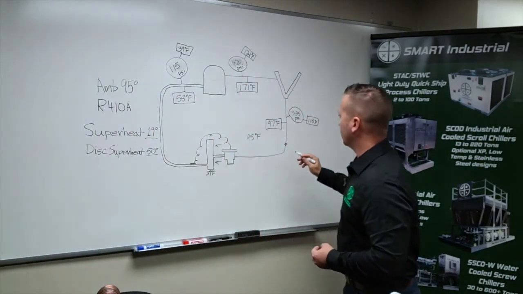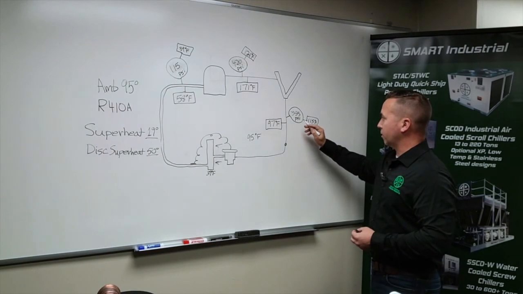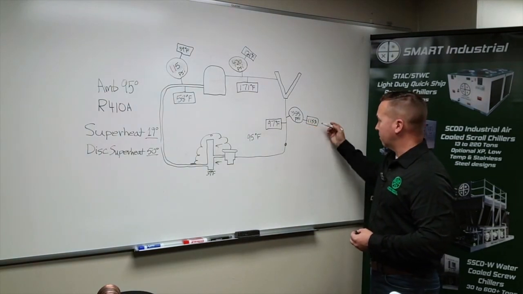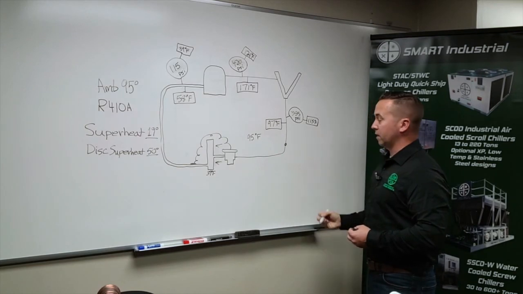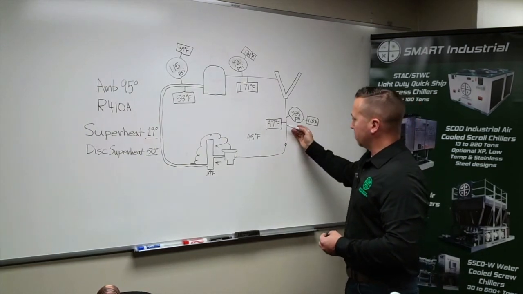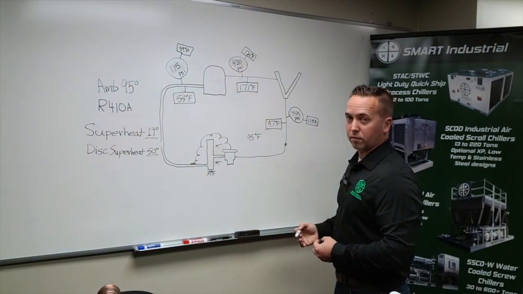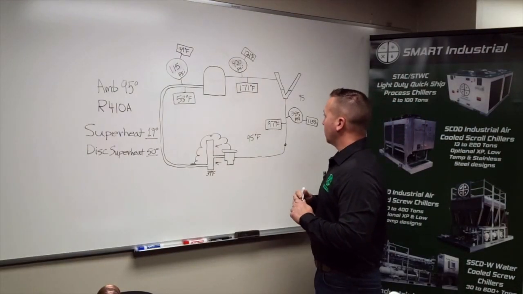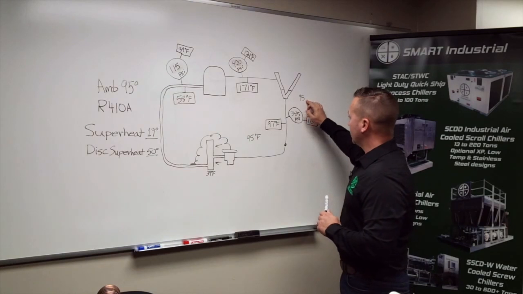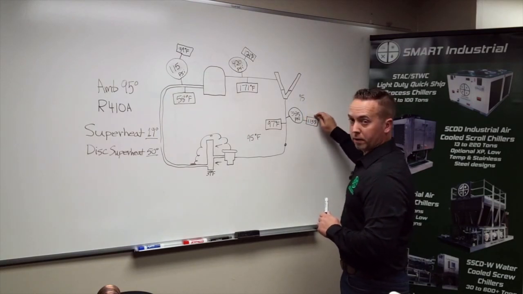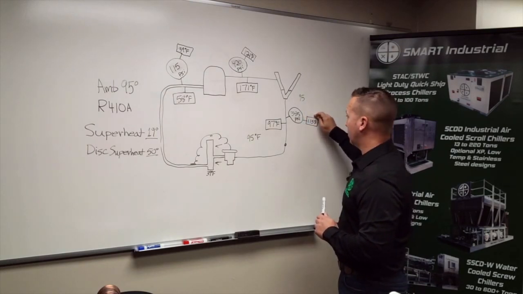Now we come to our liquid line. At 385 psi, remember that our saturated refrigerant should have been 115 degrees, but we measure on our line 97 degrees Fahrenheit. Well, the ambient air temperature at 95 degrees is still much cooler than the saturated refrigerant temperature within the coil.